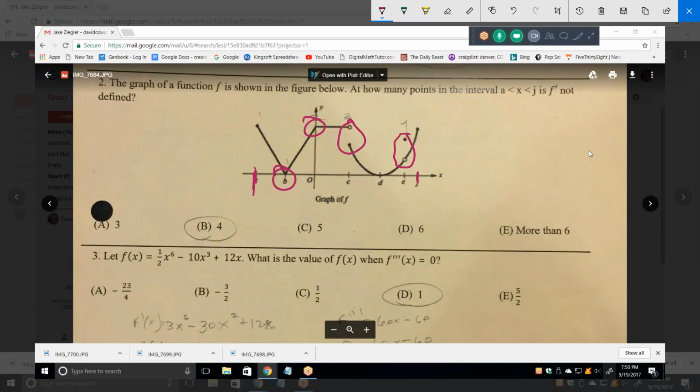It is defined there and there. In other words, the slope of the tangent line there is the slope of that straight line. The slope of the tangent line here would be something like that. So it is differentiable at the endpoints. It's just not differentiable at corners, cusps, discontinuities, jump discontinuities.